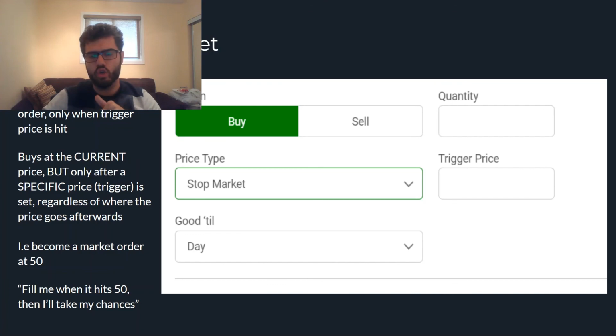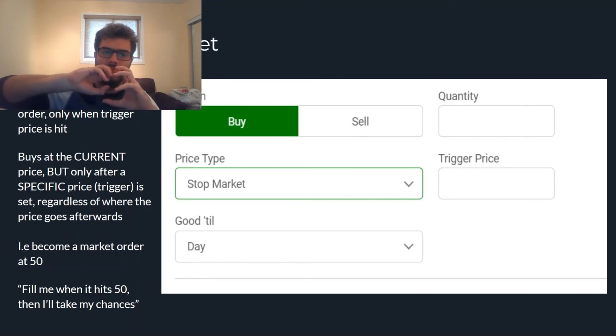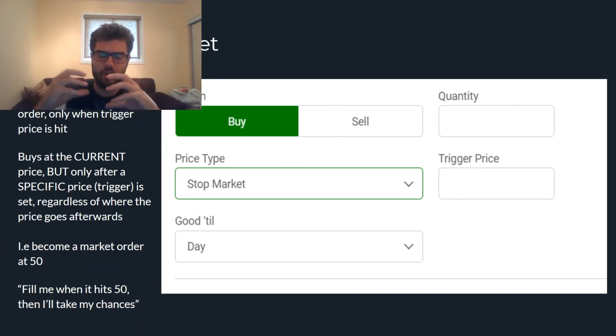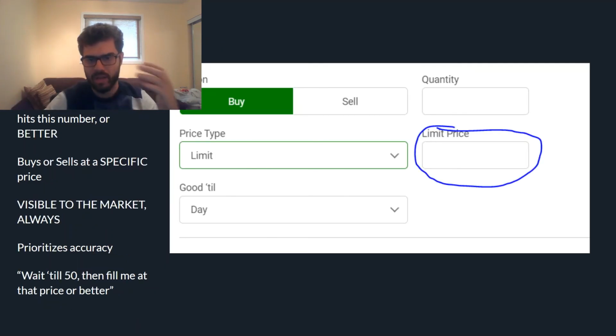So really what you're trying to do here is set a limit to start buying, and then taking your chances afterwards, but you're hoping that you're going to be filled very close to that price and as quick as possible, and all of your quantity. Whereas with a limit, you want that specific price, no matter what, you're willing to forgo some of the quantity if necessary. Okay, so just a quick word on that.